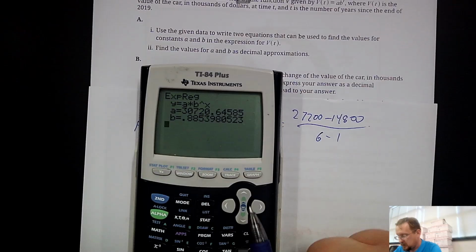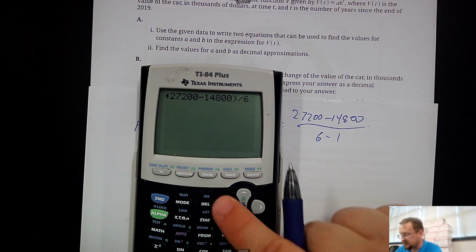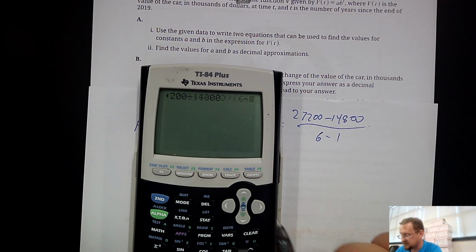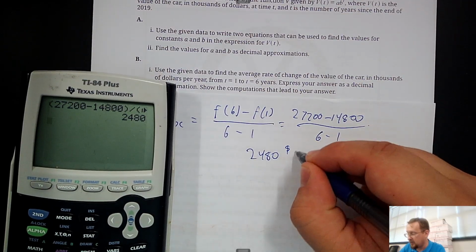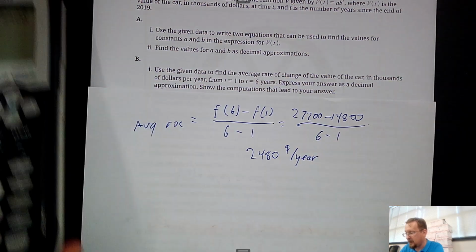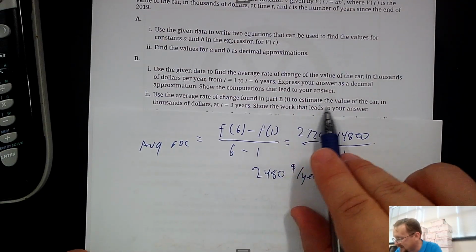Okay, so 27,200 minus 14,800 over parentheses, 6 minus 1, okay? So it's going to be $24.80 per year, okay?